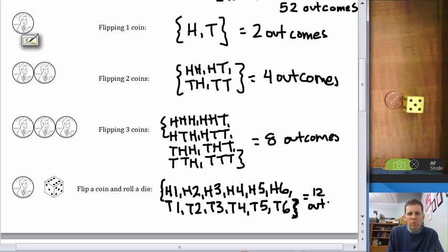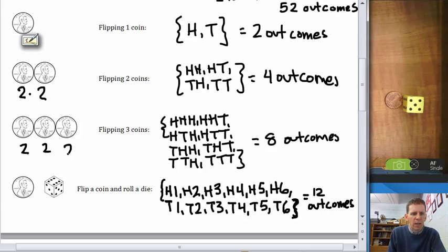So these are examples of some different sample spaces that you could possibly work with. Now, what you may have noticed is that for flipping two coins, there were 4 outcomes. There were 2 options for coin 1, and 2 options for coin 2. 2 times 2 is 4. Or for flipping 3 coins, there were 2 options for the first coin, 2 for the second, and 2 for the third.